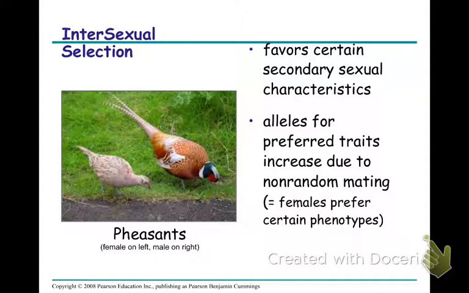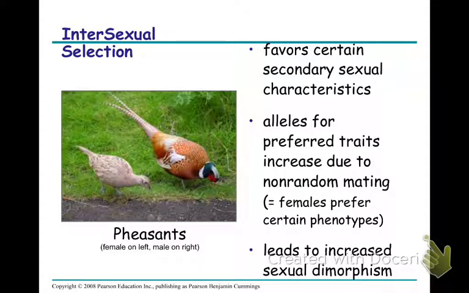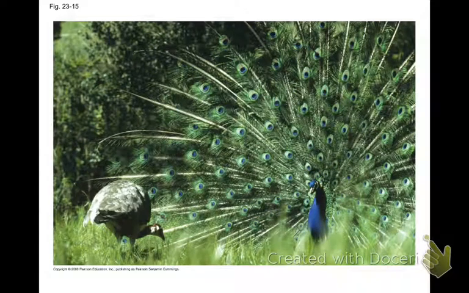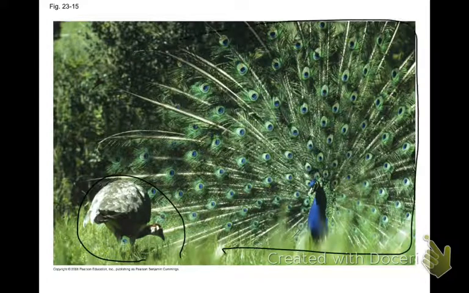Like the female would prefer the prettiest male, or the most striking looking peacock, or in this case the pheasant. This leads to an increased sexual dimorphism. So here if you notice, the peahen, though she looks very dull and drab, always ends up choosing the best looking peacock who can show off his feathers.